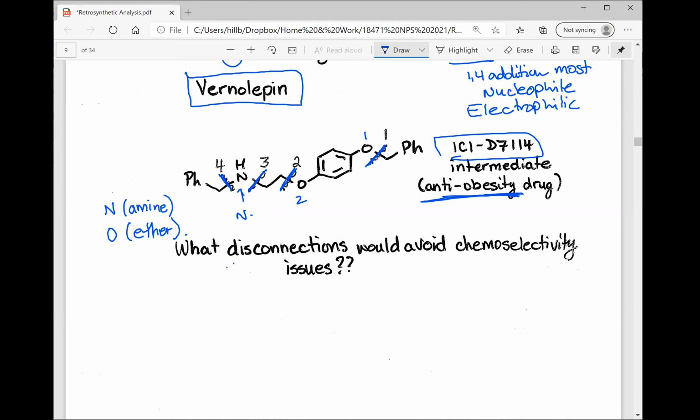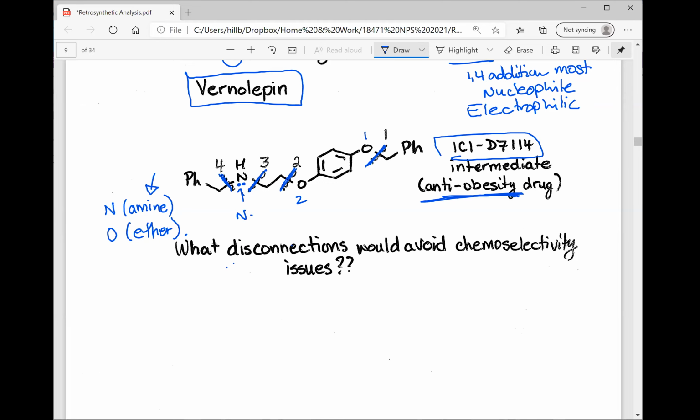And we've got an aromatic ring, which we wouldn't want to disconnect around anyway. So the most reactive group here is the amine. So we would want to make that disconnection the last disconnection. In other words, we want to install that nitrogen at the very end of the synthesis.